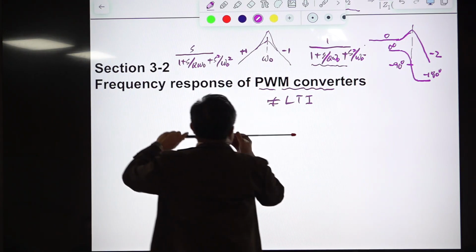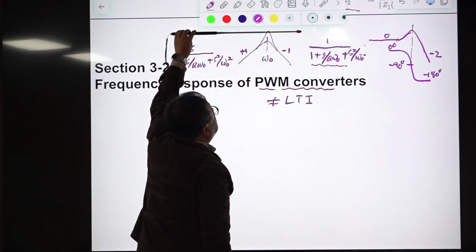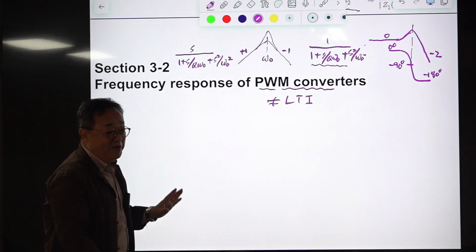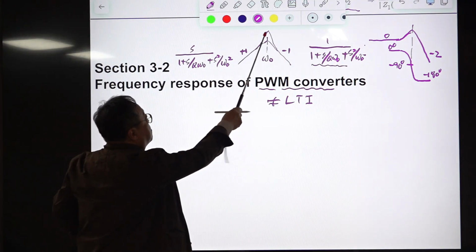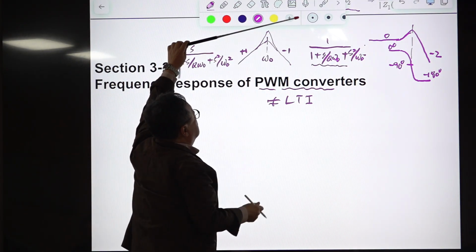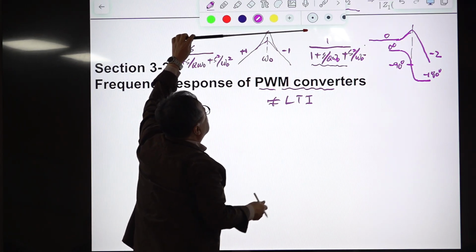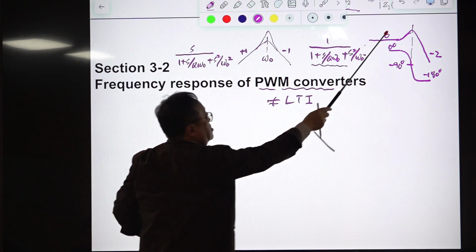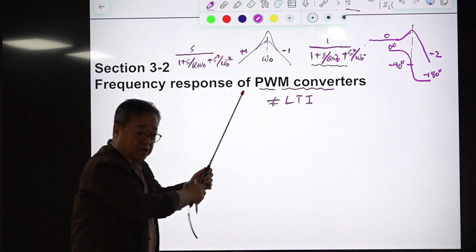I thought when this is on the top of here, the phase is 0, but that is not true. Maybe we need some length, some range of frequency to sit on this top. So this one is not 0, but this symmetrical one is 0.